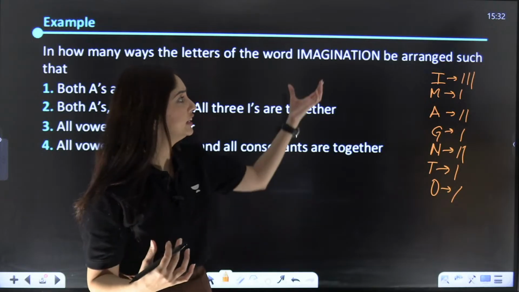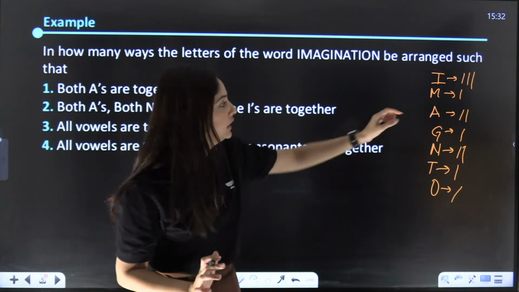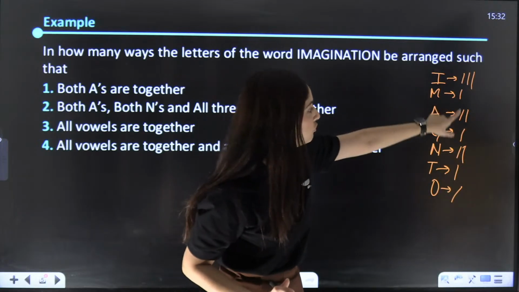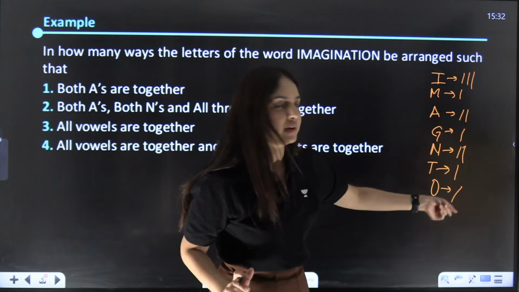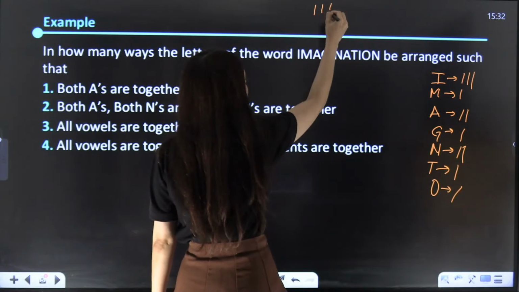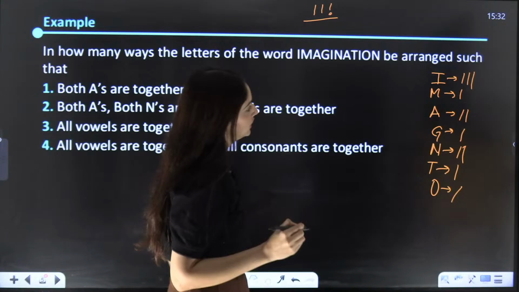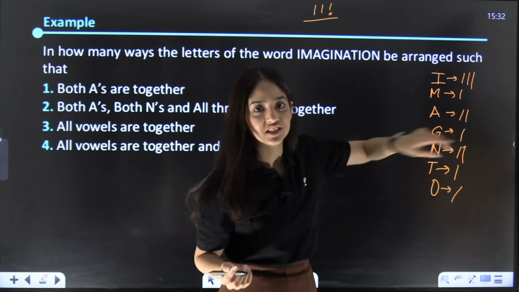So if we had to arrange all the letters of this, just see how many permutations are possible. We'll just count them all: 3 plus 1 is 4, plus 2 is 6, plus 1 is 7, plus 2 is 9, plus 1 plus 1 is 11. So 11 factorial divided by, these are tally marks, in case someone is getting confused, this is not 11, this is 2.